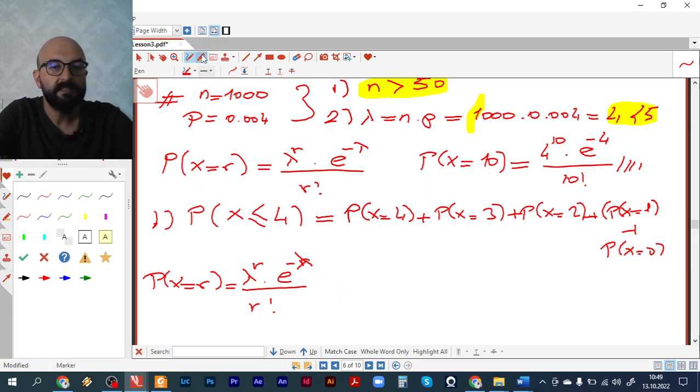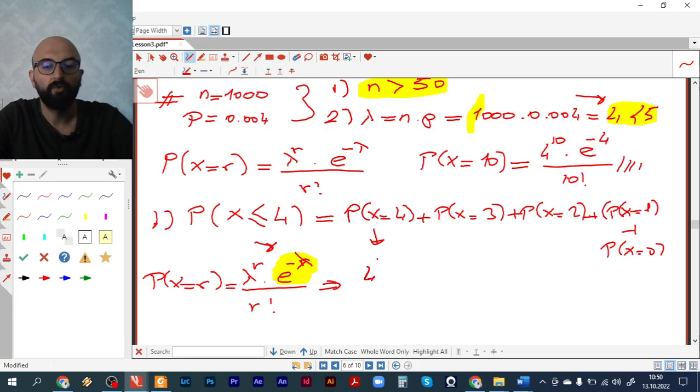So I want to use the term e to minus lambda as the last step of the process, and first the lambda to R part. So our lambda is 4.